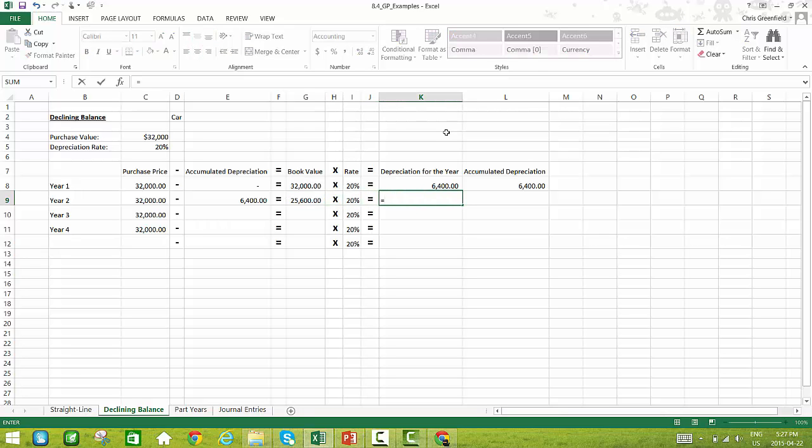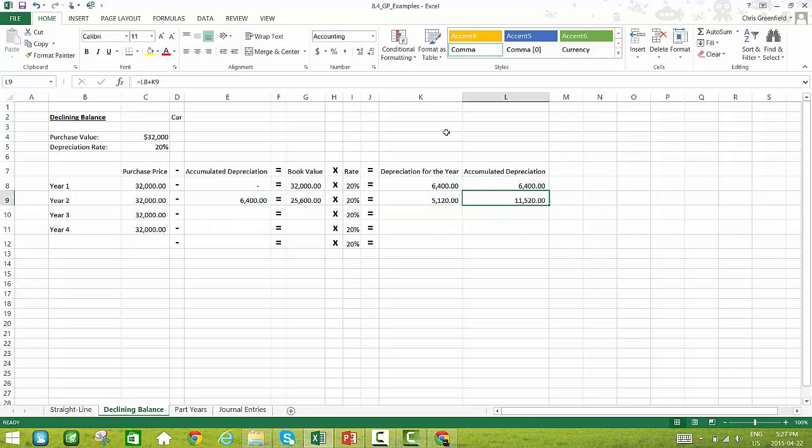I'm going to calculate my depreciation. I'm going to take my 25,600 and multiply that by 20%. That gives me $5,120. Now I've got to calculate my running total. I'm going to take my $6,400, add in the 5,120 to get my new balance, 11,520.